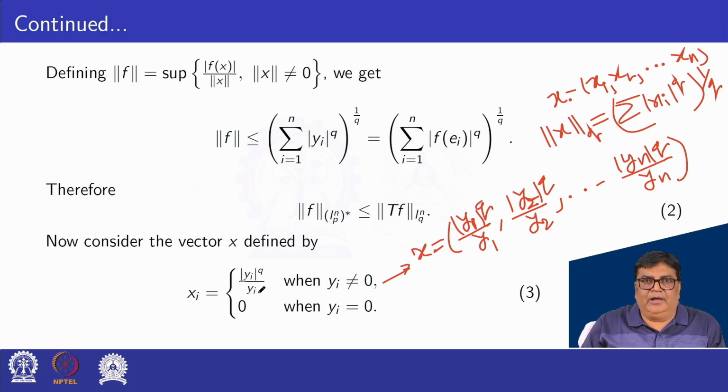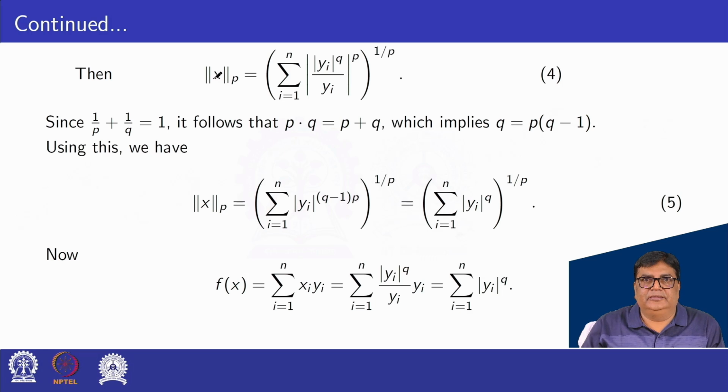So norm of x can be defined as (summation i = 1 to n of (|yi|^q upon yi)^p)^(1/p).